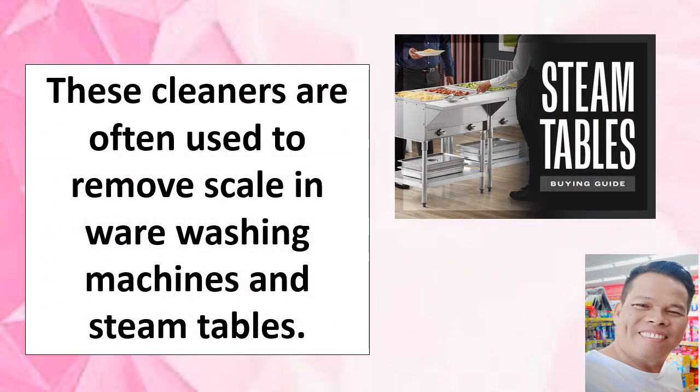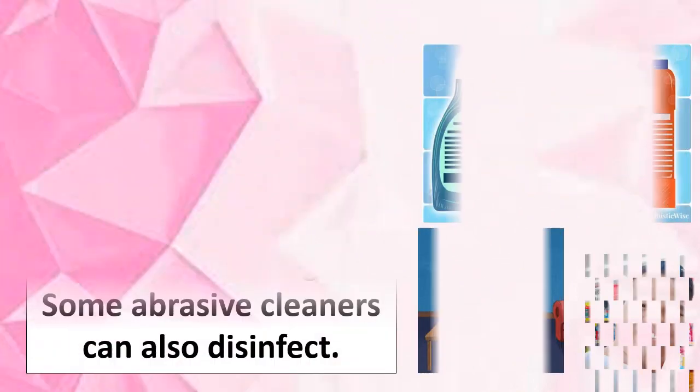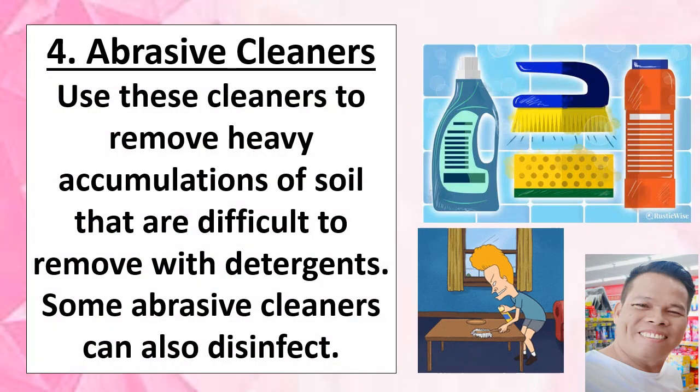These cleaners are often used to remove scale in ware washing machines and steam tables. Abrasive cleaners. Use these cleaners to remove heavy accumulation of soil that is difficult to remove with detergents. Some abrasive cleaners can also disinfect.